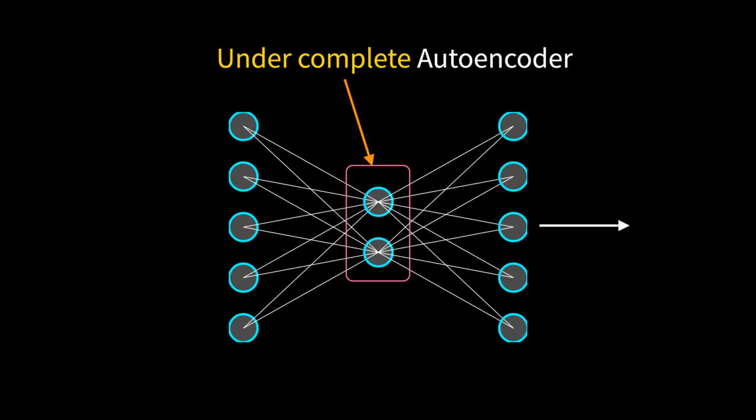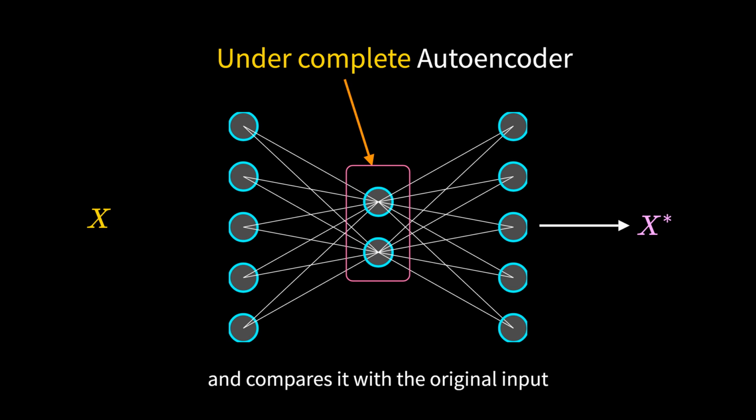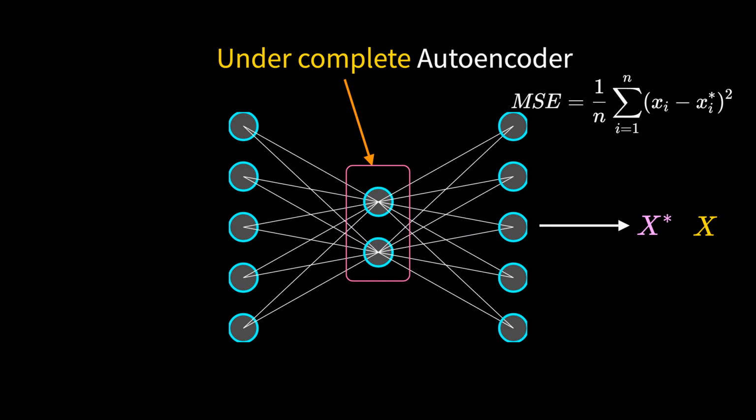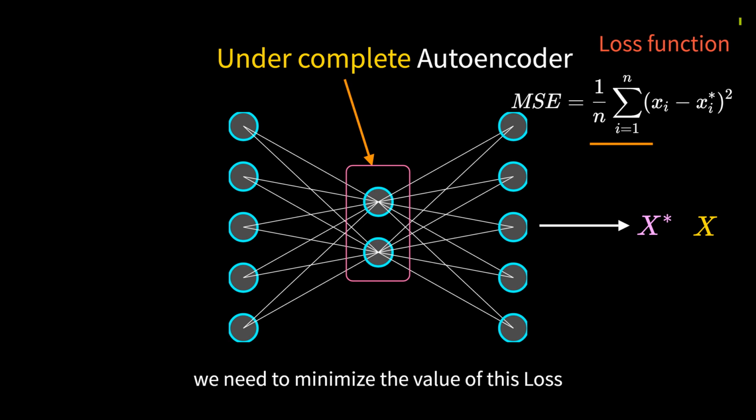Then, the model outputs the X star that mimics the input and compares it with the original input X, for example, using mean square error. That is, for each pixel xi corresponding to x and x star, calculate the squared difference. Finally, average all the pixels to get the loss function. During training, we need to minimize the value of this loss function.